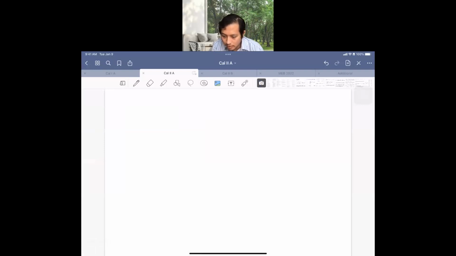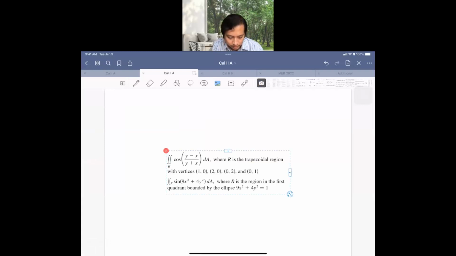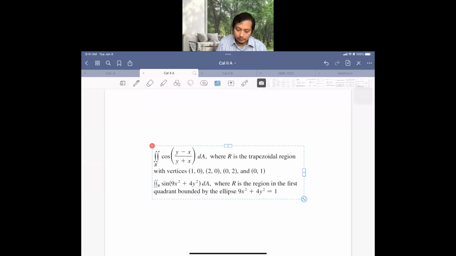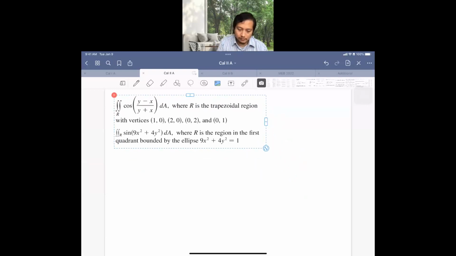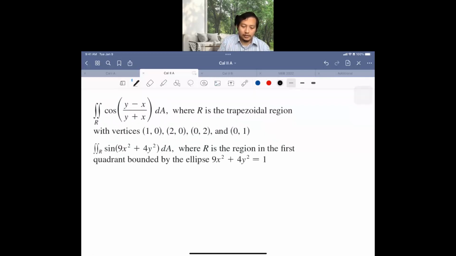Okay, let's see the questions. So the question is: evaluate the integral. It doesn't give you a clue for the transformation, and you need to be aware of that.